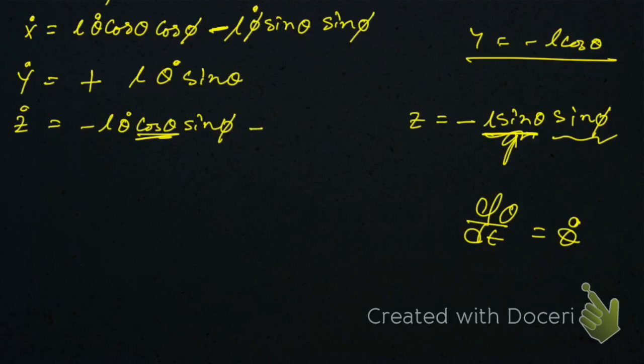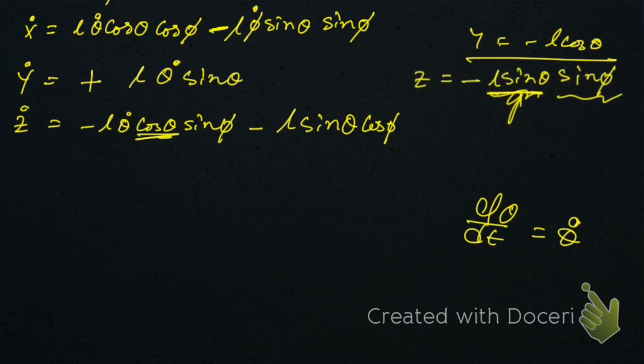Let me write the first function as it is, L sin theta, and if you differentiate sin phi, then you should get cos phi, and again we are differentiating with respect to time t, so we need to write phi dot here. So hope you have understood this. We have got all the three velocities, right?